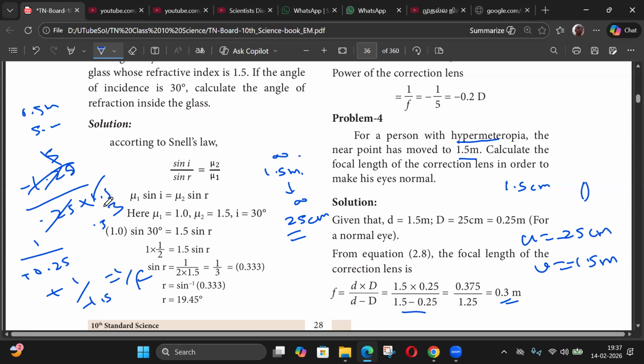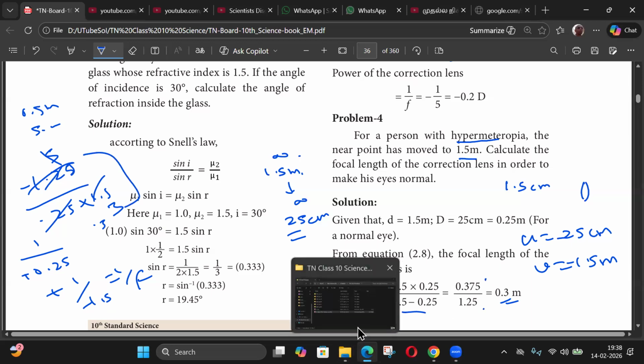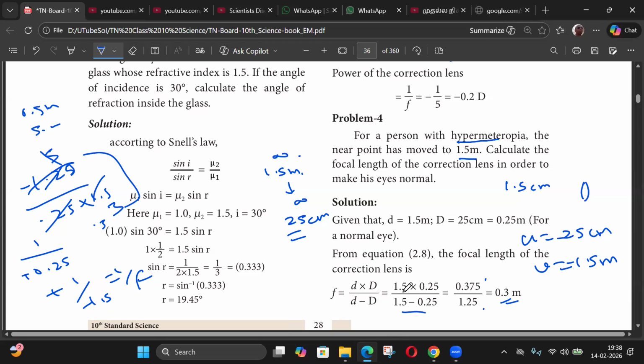Yes, it's 0.5. This step is correct: 1.25 by the product of these two. 0.25 4 times is 5 times. 0.3 only, correct only. I got 0.3 only.